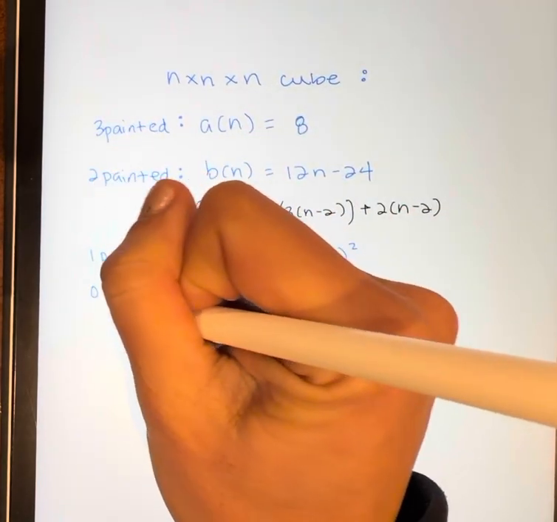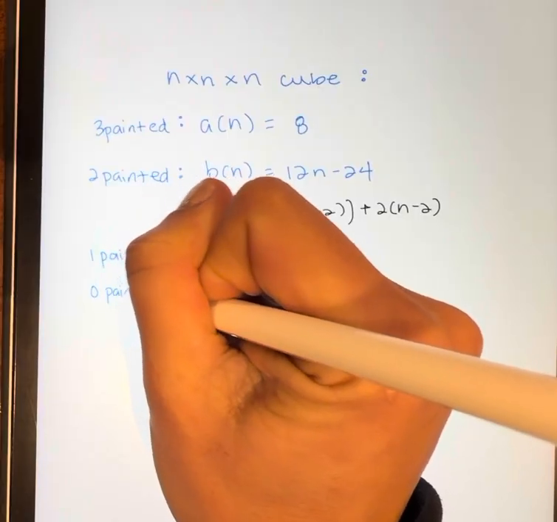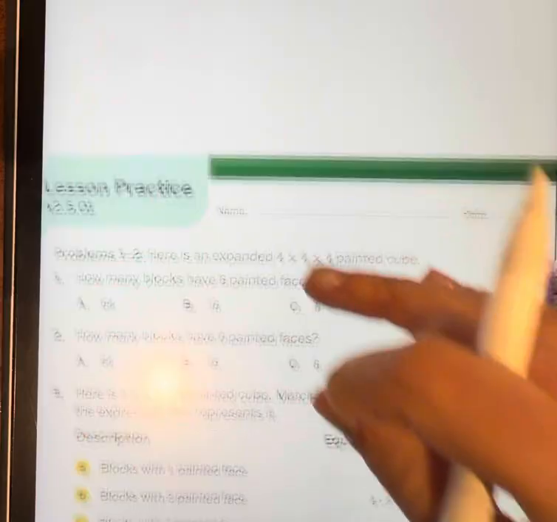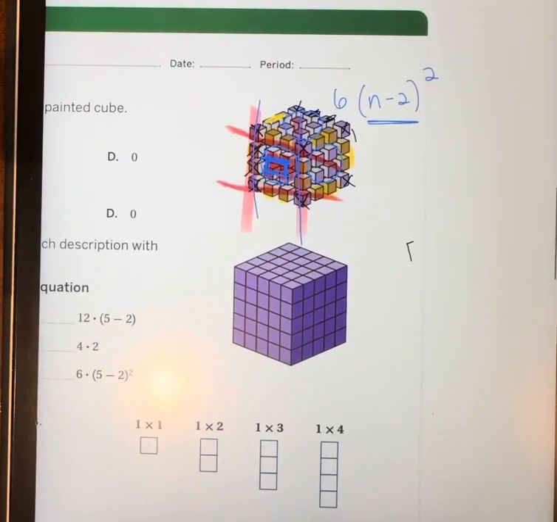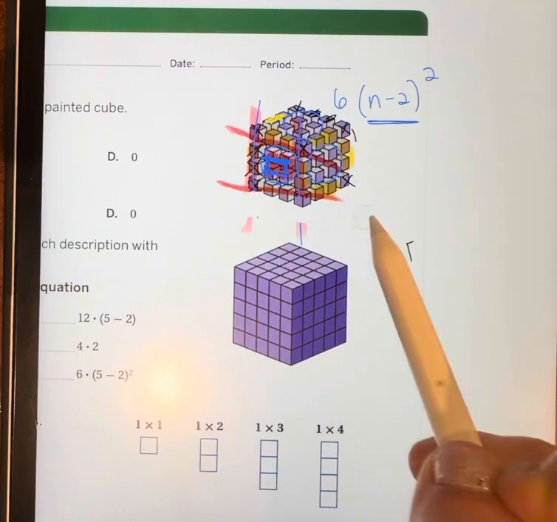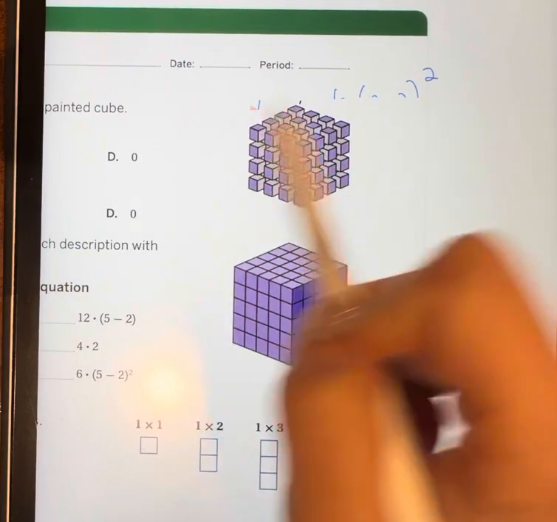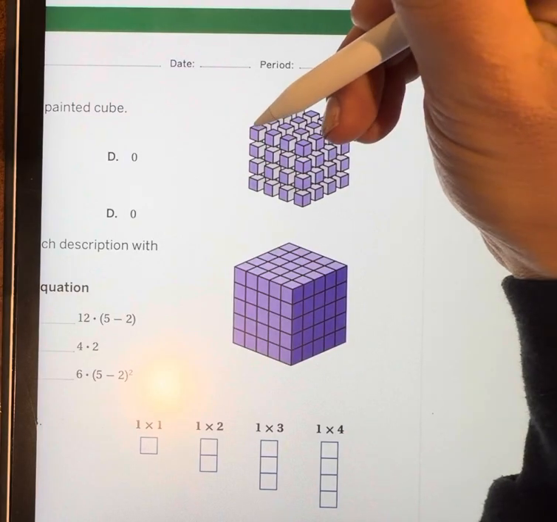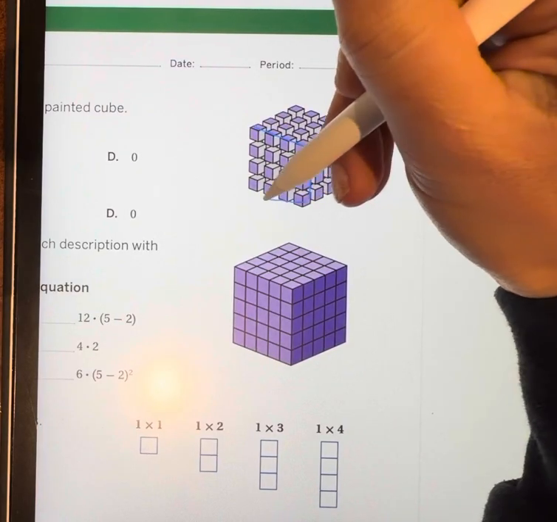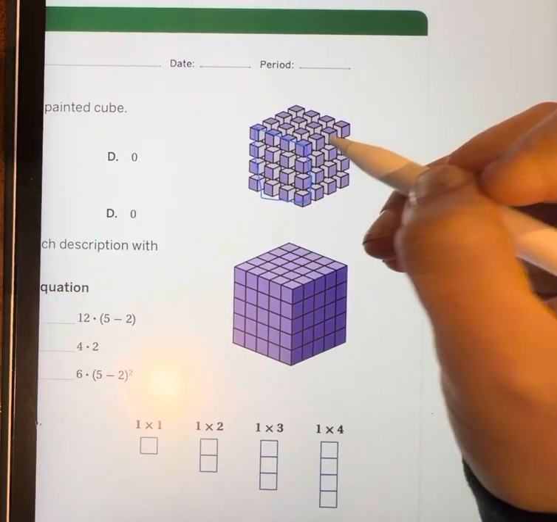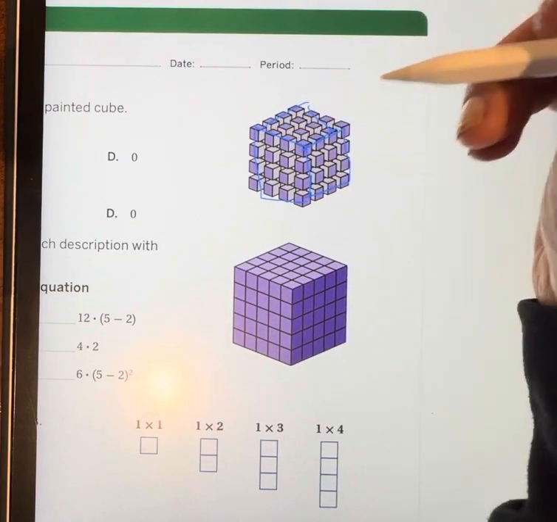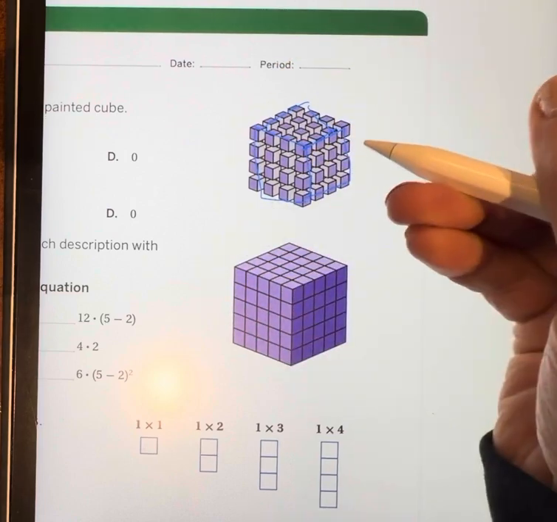And then lastly, how many have 0 painted? Well, if you can remember from the visuals provided in the lesson, it would be much easier. But essentially, if we now look at this and consider this whole front face, toss it out. This whole face, toss it out. This whole top face, toss it out.